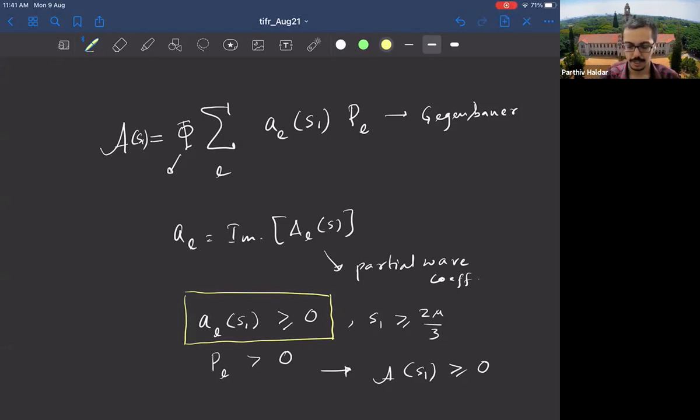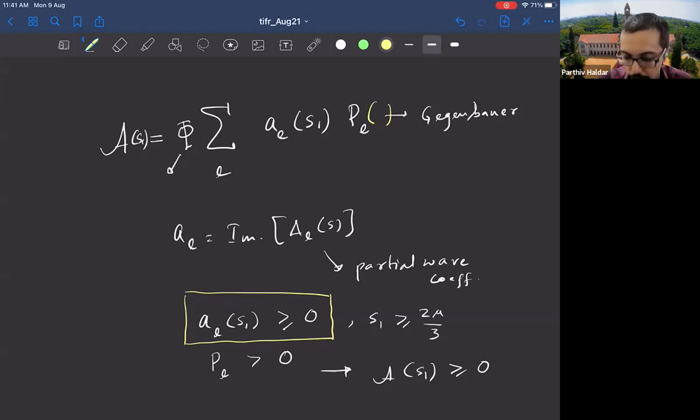When you put S1 and A, there is a value of A, and when you translate that into the argument that enters here, it comes out to be positive. It is also important to mention that this sum converges.